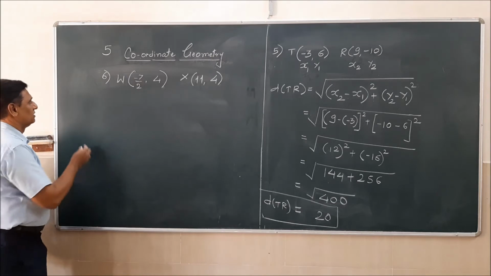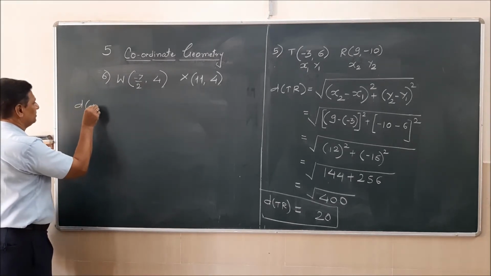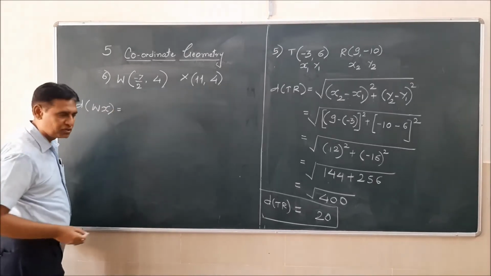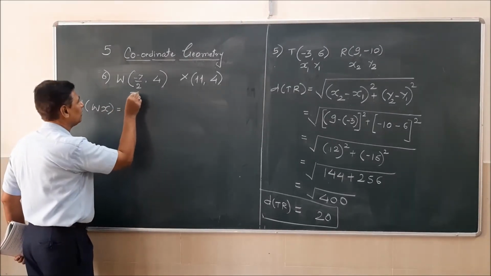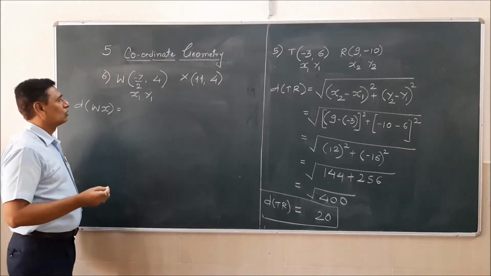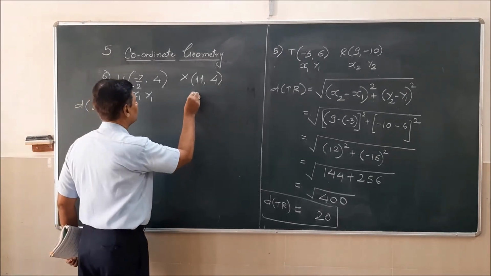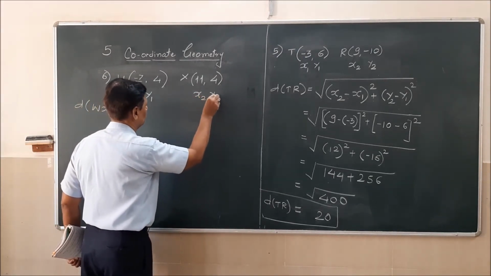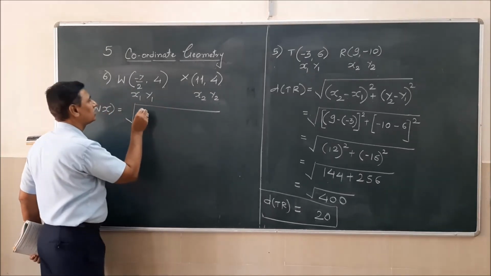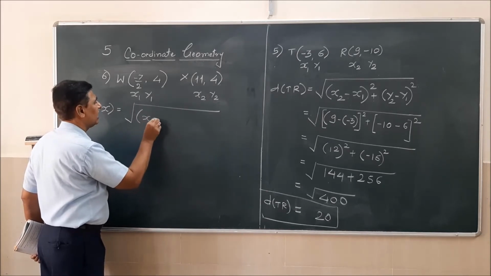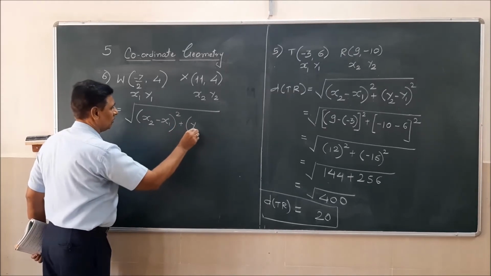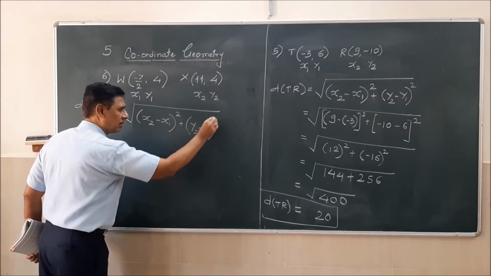Now let's find out distance WX. So you will find that distance WX is equal to, again you have to label the coordinates of W as x1, y1 and coordinates of X as x2, y2. So using distance formula, again you will find x2 minus x1 the whole square plus y2 minus y1 the whole square.